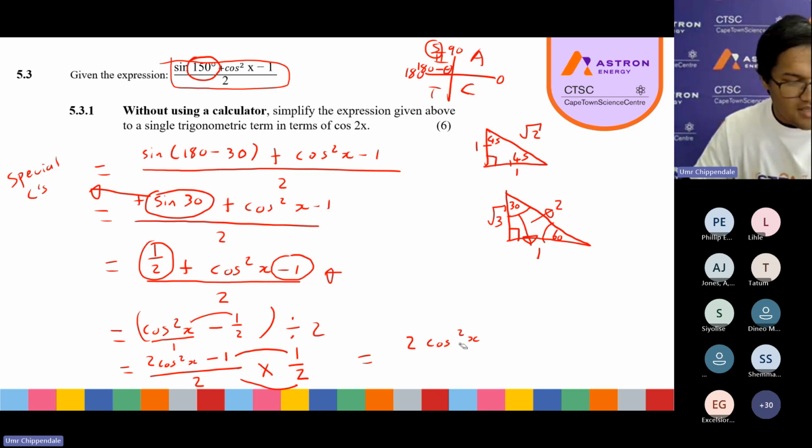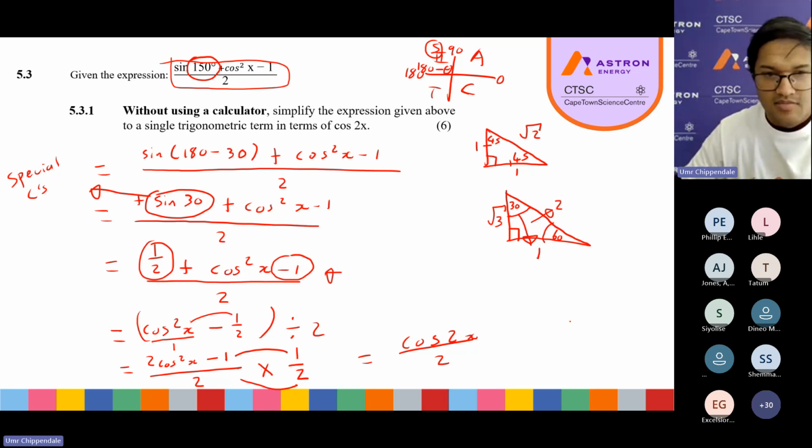So instead of writing it out like this, you can now write it as, remember, like I showed you the compound angles earlier, it's actually cos 2x over 2. And that is multiplied by our half.